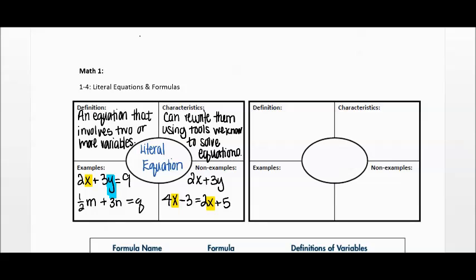Okay, now the second definition that we're going to put in here is a formula. A formula is defined as an equation that states a relationship among quantities.